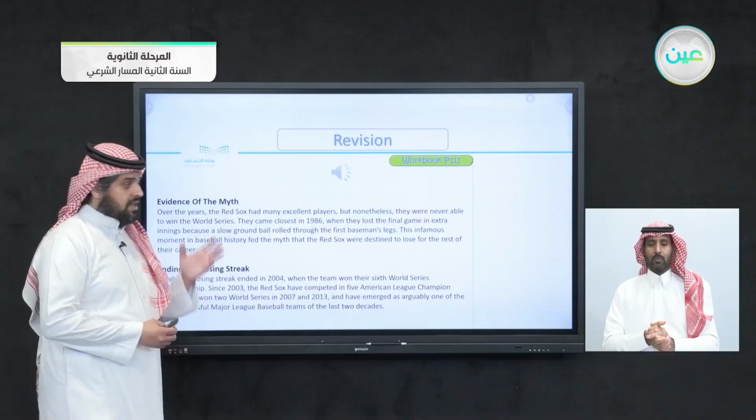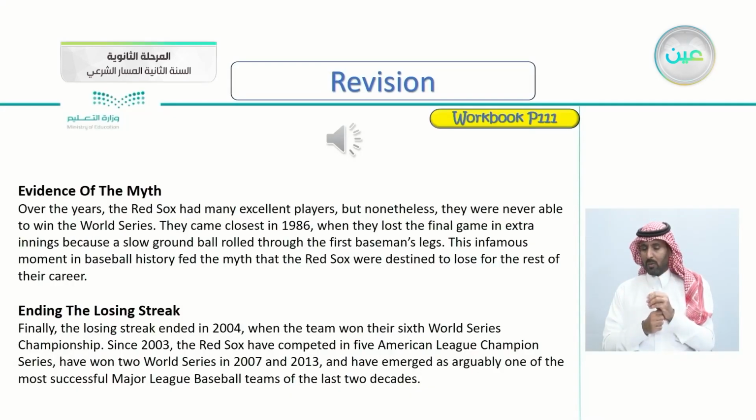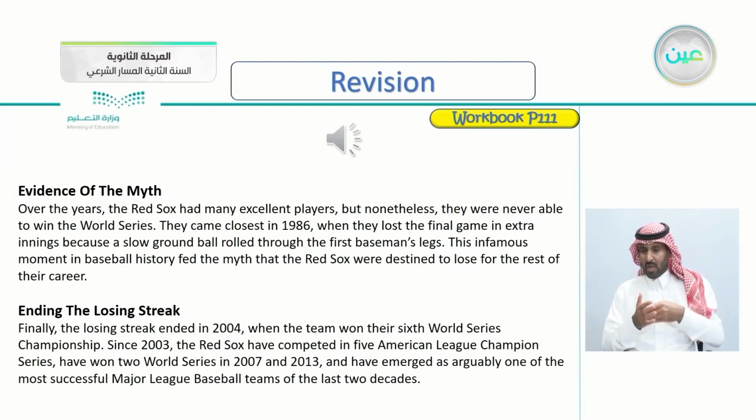So there was a myth, a legend, let's say, that the Red Sox will never win because they lost many tournaments, many championships, finals, and at the end of the losing streak they won. Of course, the losing streak ended in 2004 when the team won their 6th World Series championship.